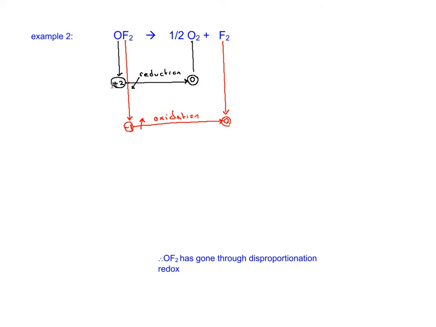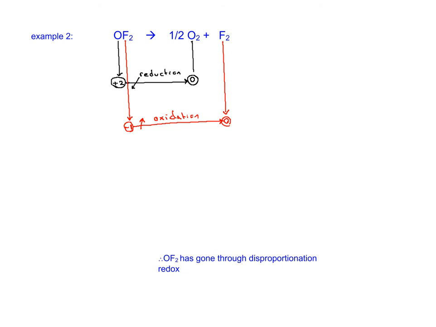When you go from +2 to 0, that's reduction in the value and it's a reduction half reaction. Now look at fluorine that we decided is -1 here. But on the product, it's free, so that's 0, and that's oxidation. So OF2, this molecule, has gone both through reduction and oxidation. Therefore, it's disproportionation redox, and it's both reducing agent and oxidizing agent.